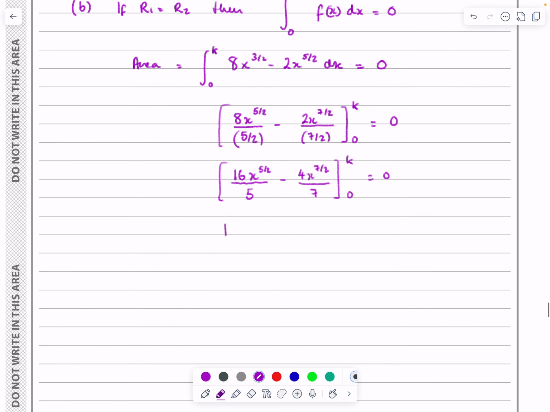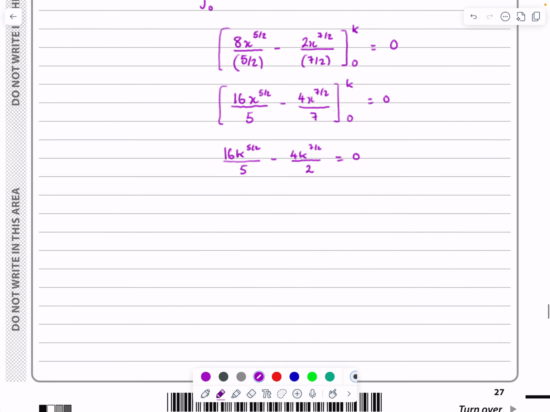So in other words, 16k to the 5 over 2 over 5 minus 4k to the 7 over 2 over 7 is going to be equal to 0 because the two values work out to be equal to 0. So we're just solving this equation now.